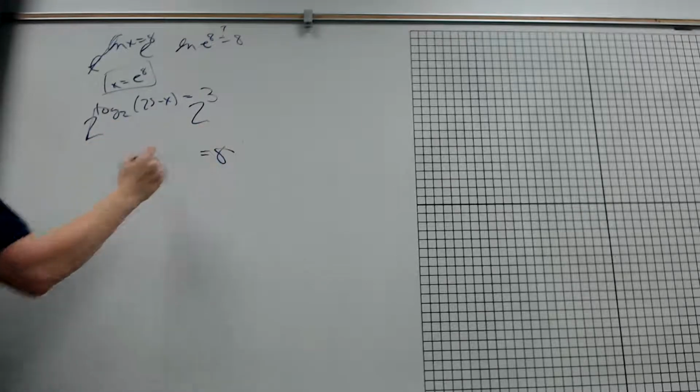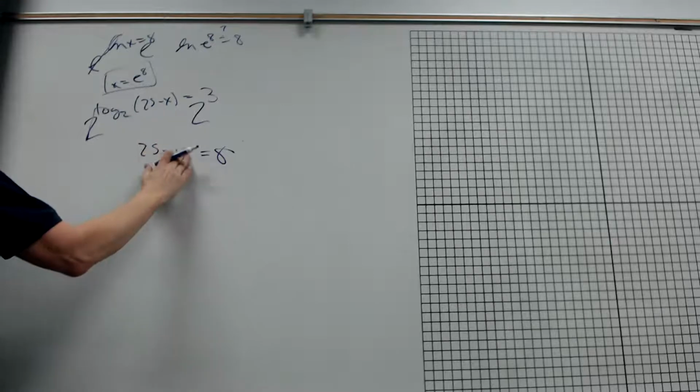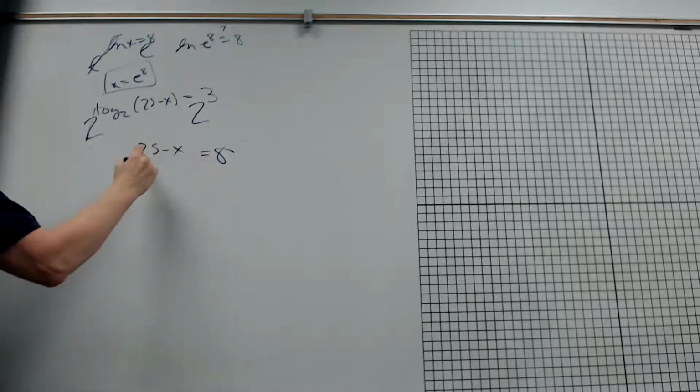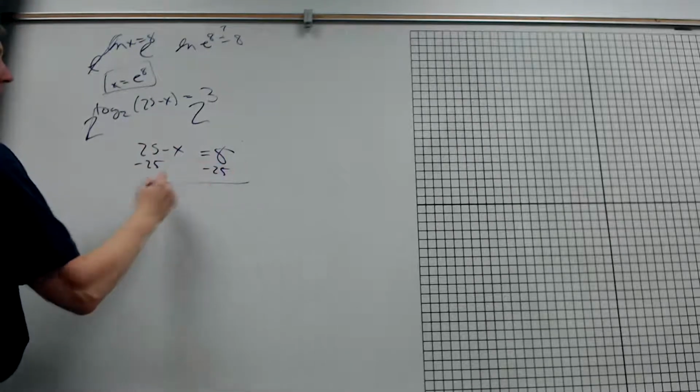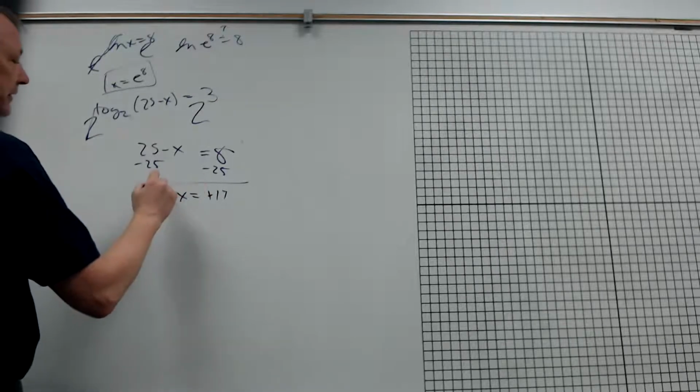8 on this side equals 25 minus x. Minus 25. Negative x equals negative 17, right? And then multiply by negative 1, positive, positive.